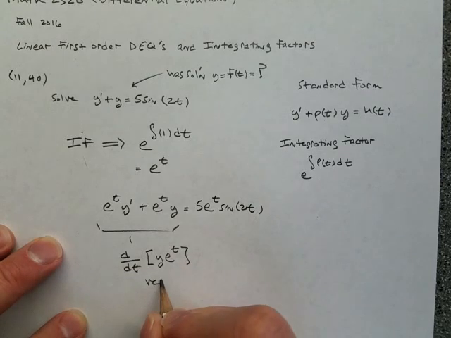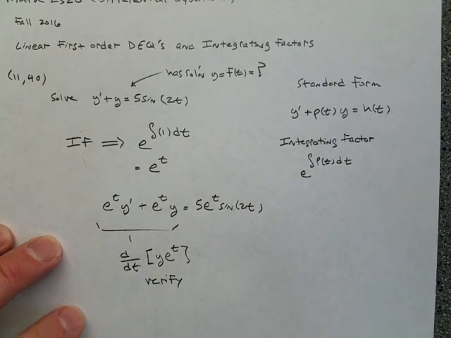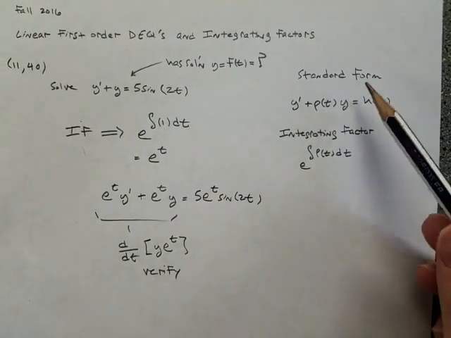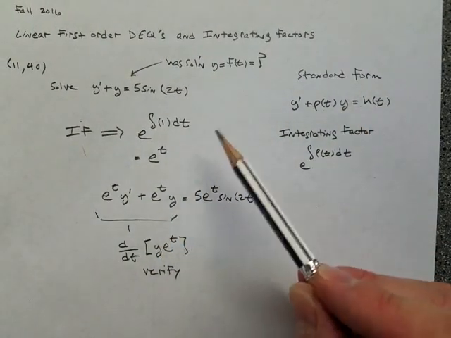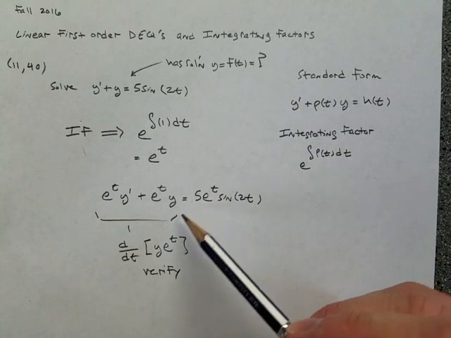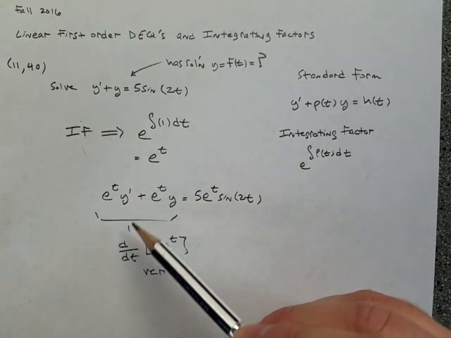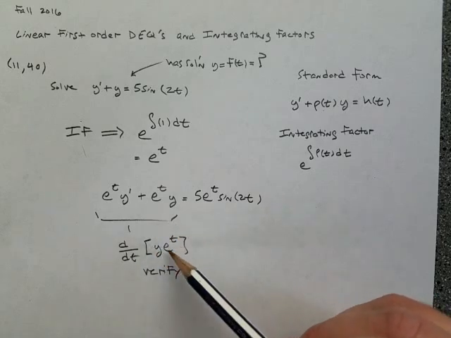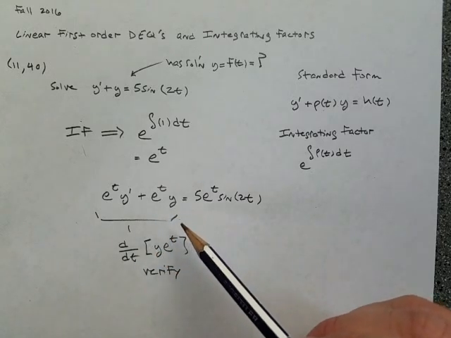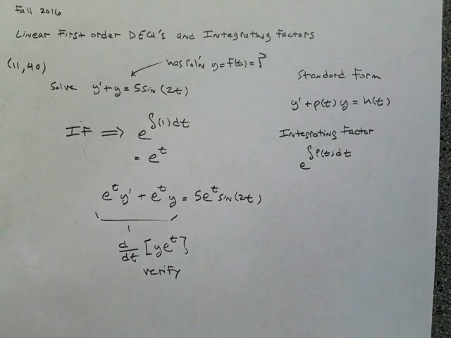So why not verify it? See that you've done it right. What is the derivative of this? Y is some function of t that we don't know, so by the product rule, y prime times e to the t plus, what's the derivative of e to the t? It's e to the t times y. So we verified it is right.